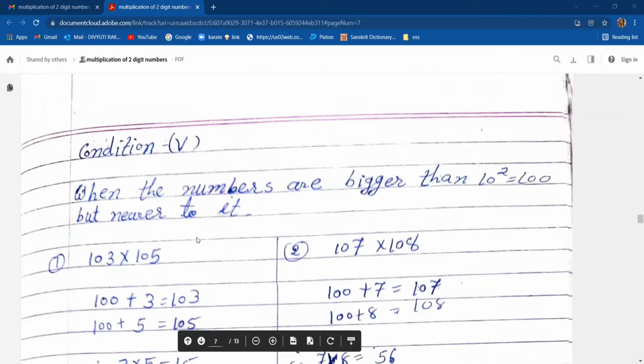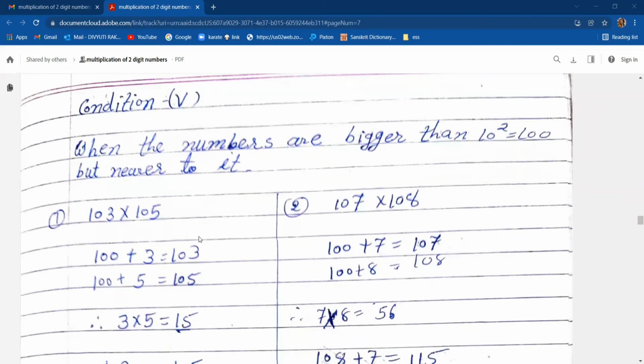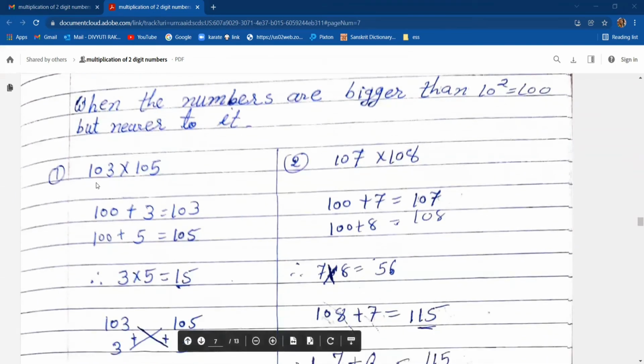Now let's move on to the next condition, that is condition 5. When the numbers are bigger than 10 square but near to it. Means numbers are bigger than 100 but very close to 100. For that, the example is 103 into 105. Obviously these are 3-digit numbers because they are very close to 100.